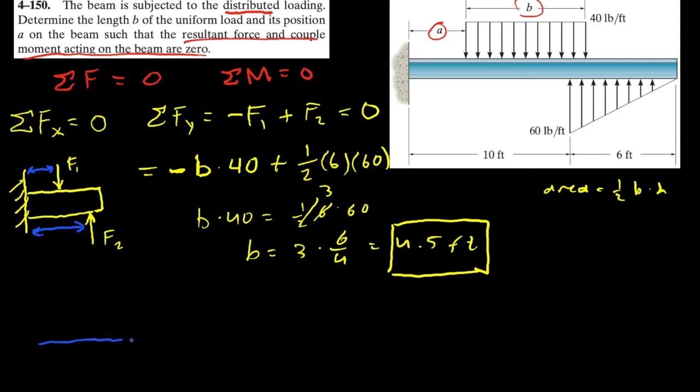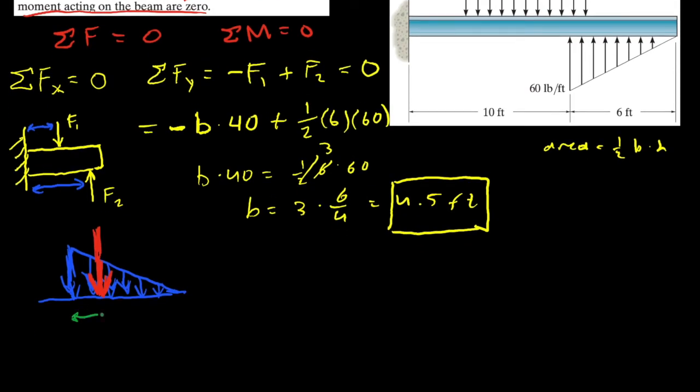Now, for a triangular load, let's show it like this. If we say that the equivalent point load can be shown by this red arrow, then the point load that is equivalent to this triangular load will not be in the middle. So let me show that as well.